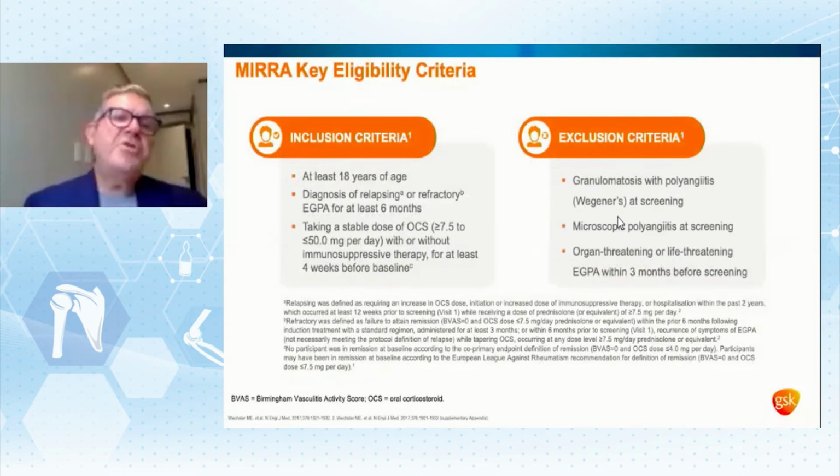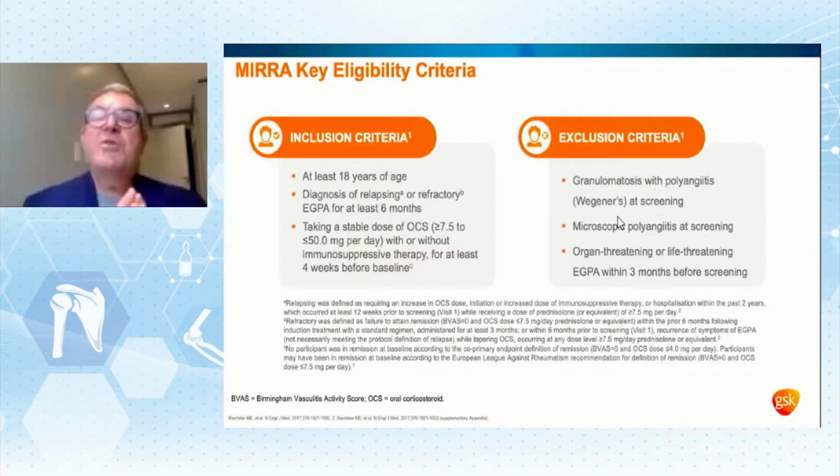The inclusion criteria show that patients should be older than 18 years of age, have had the diagnosis of EGPA for more than 6 months, and be taking a stable dose of OCS that was higher than 7.5 and lower than 50 milligrams per day, with or without immunosuppressive therapy, at least in the 4 weeks before the treatment.